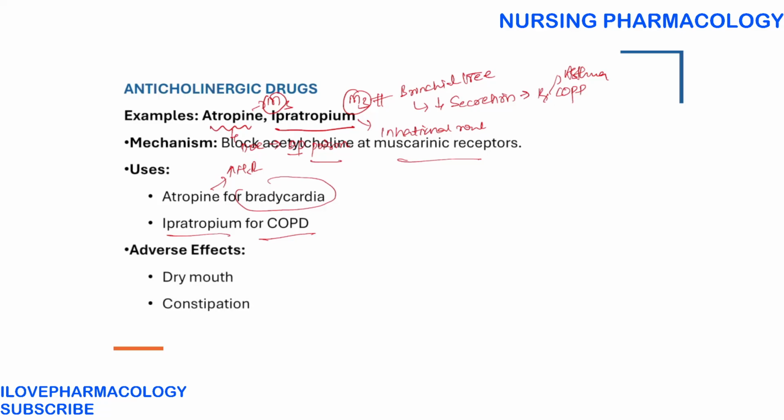And next we have adverse effects, like usually atropine will cause dry mouth, and there will be retention of urine, and there will be constipation, difficulty in passage of the stools, and blurring of vision because of pupillary dilation, etc.